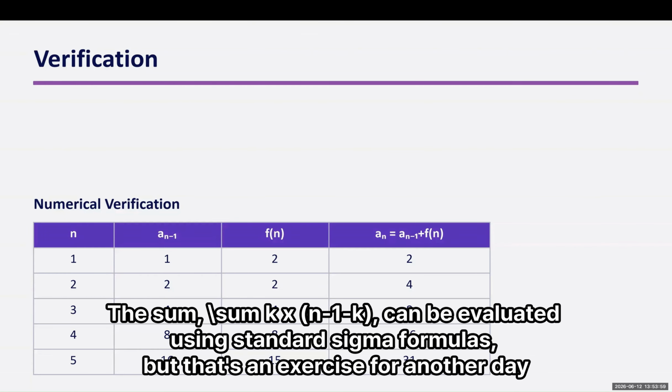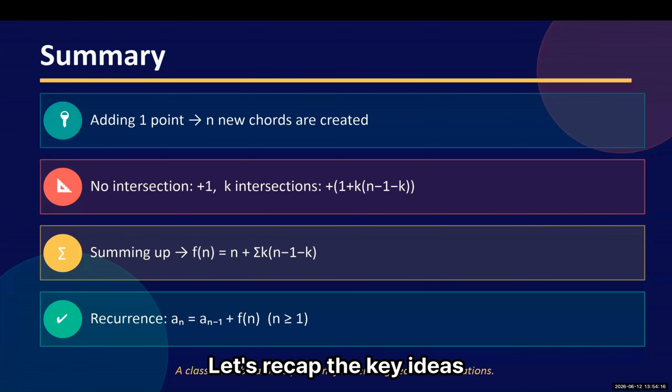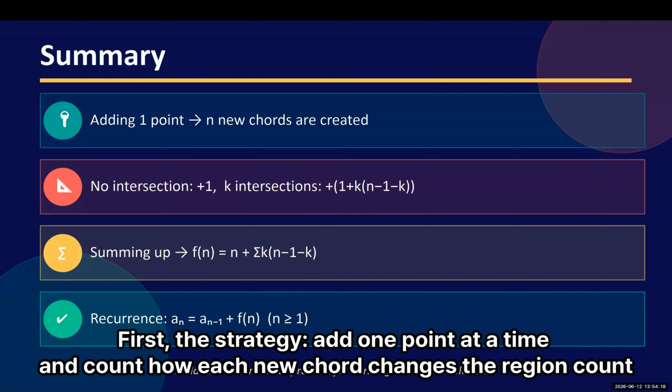The summation, k times n minus 1 minus k, can be evaluated using standard sigma formulas, but that's an exercise for another day. Let's recap the key ideas. First, the strategy: add 1 point at a time and count how each new chord changes the region count.